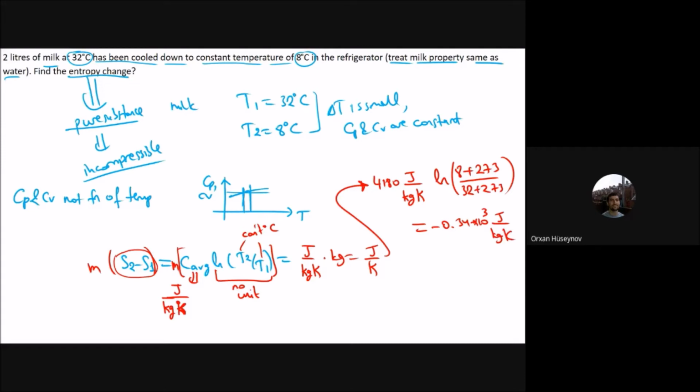That is the final result, or you can write it as -340 joules per kilogram Kelvin. You can see that the entropy of the milk has decreased. This is not a problem.